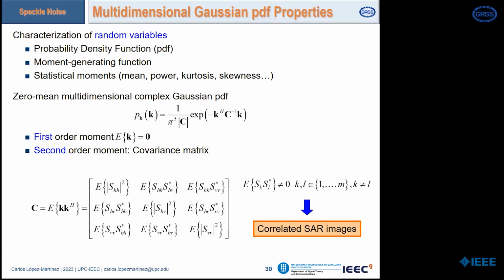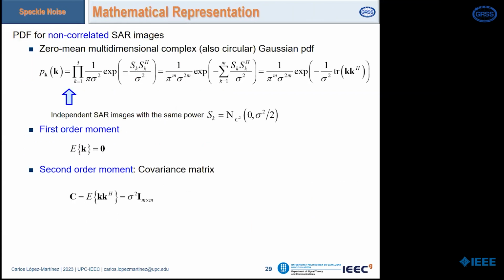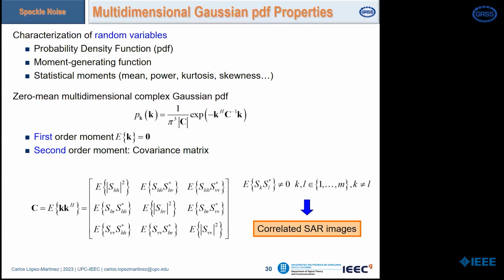So as you see, this model is totally different from here. In here, I'm assuming that the SAR images have the same power. I could assume different powers, but it's still proportional to the diagonal. In the general case, my matrix is like this. It's a full matrix. Okay?